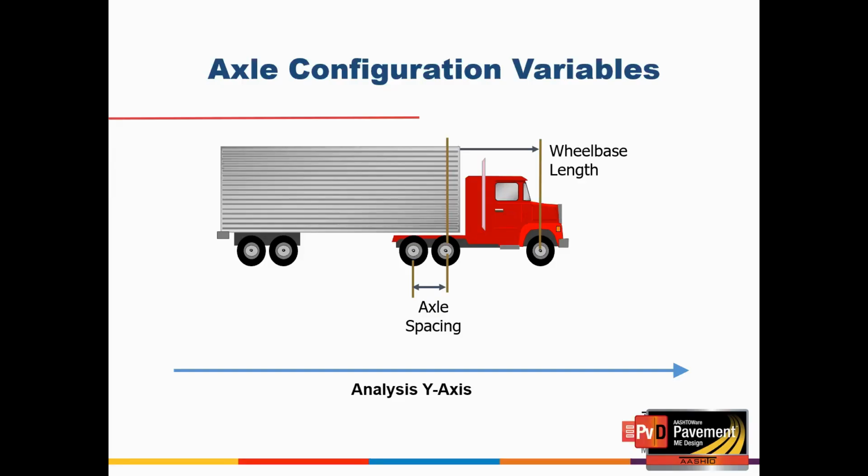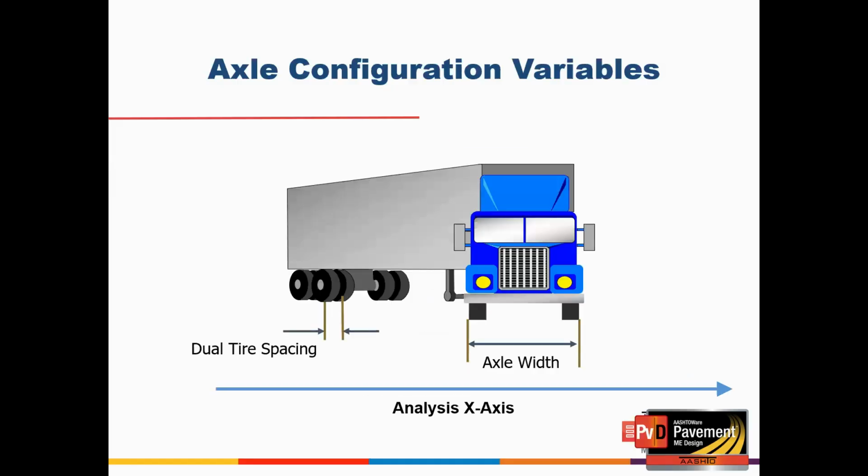And also, in terms of spatially for the analysis, the direction of traffic is going to be considered the y-axis. And so these measurements are along that axis in the direction of travel.